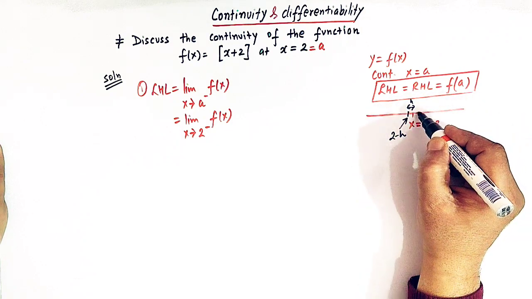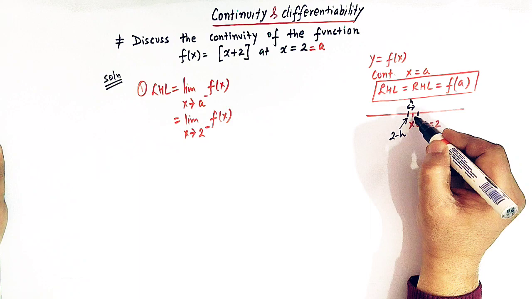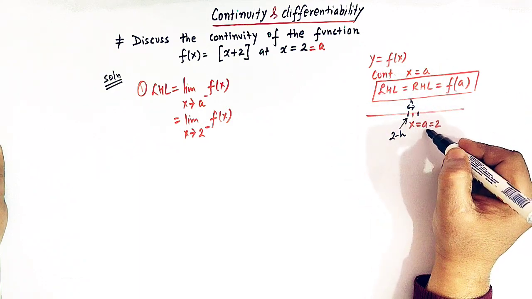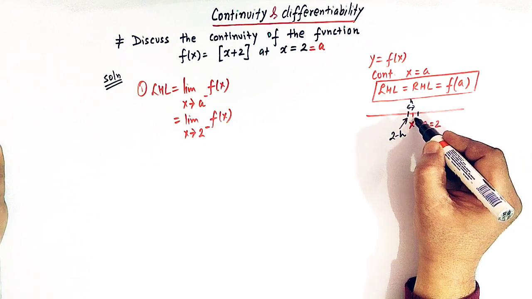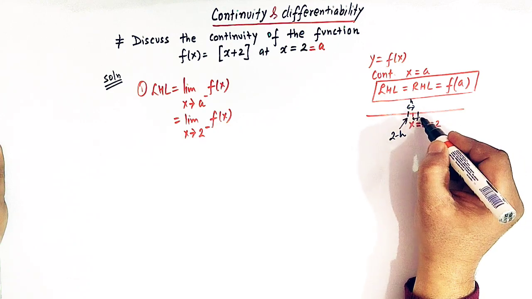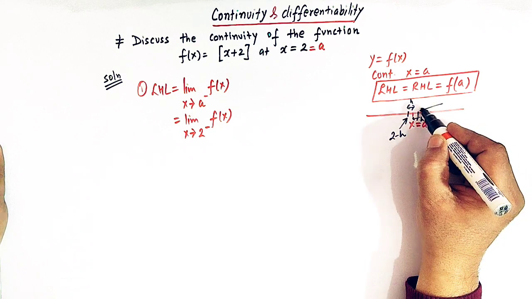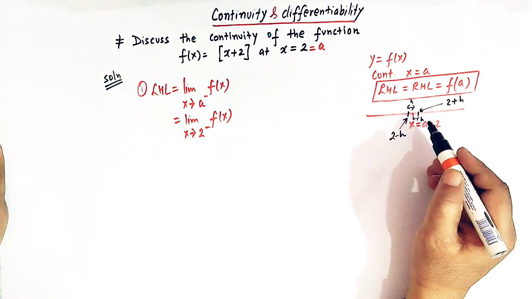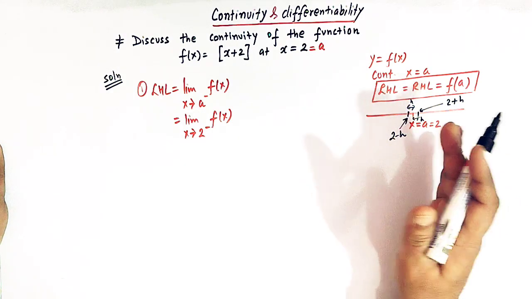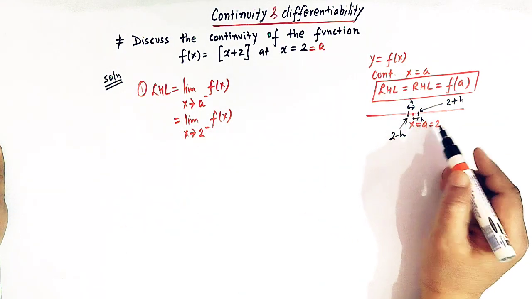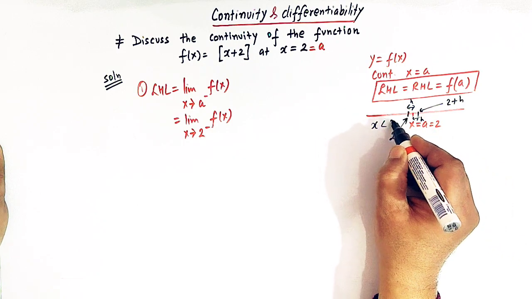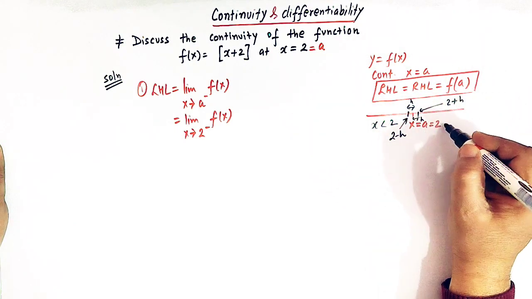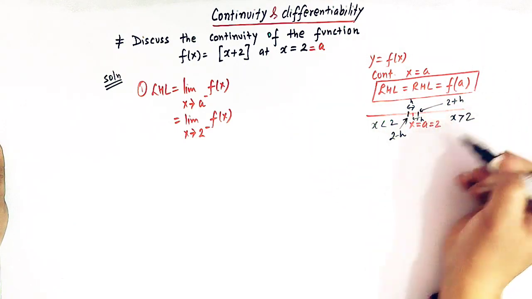Similarly, when we calculate the right hand limit, we'll take a point towards the right of a is equal to 2, so that this distance is again h, and this point is 2 plus h. All the points to the left of a is equal to 2 are less than 2, and all the points to the right are greater than 2.